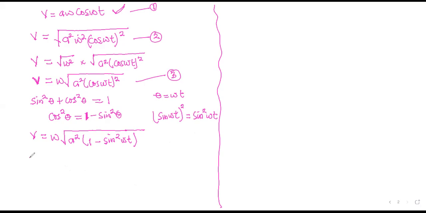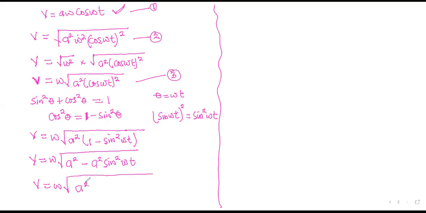So V is equal to omega times the square root of, multiplying through by the a squared outside the bracket, a squared minus a squared sine squared omega t. I can rewrite this as a squared minus, putting everything within the bracket, a sine omega t all squared.